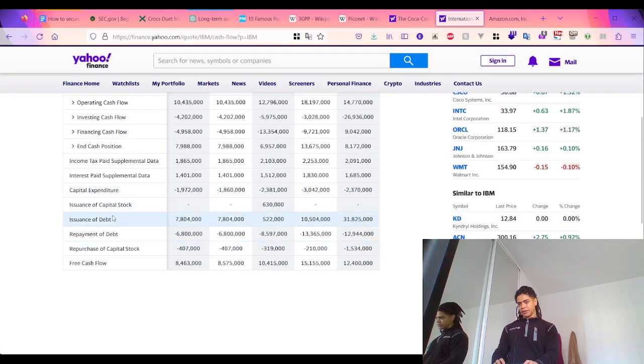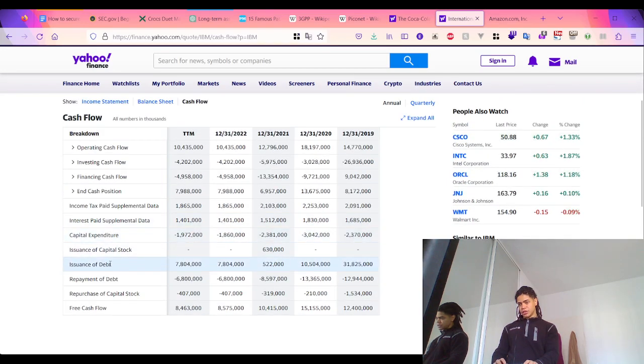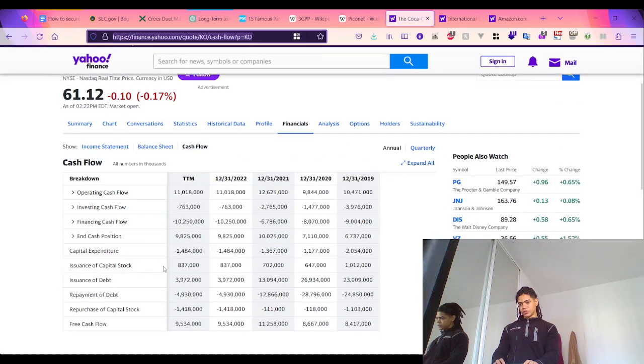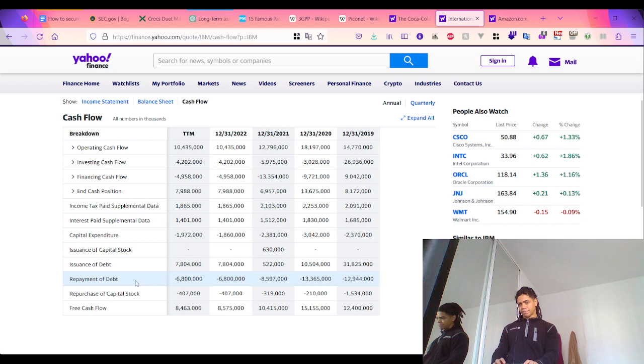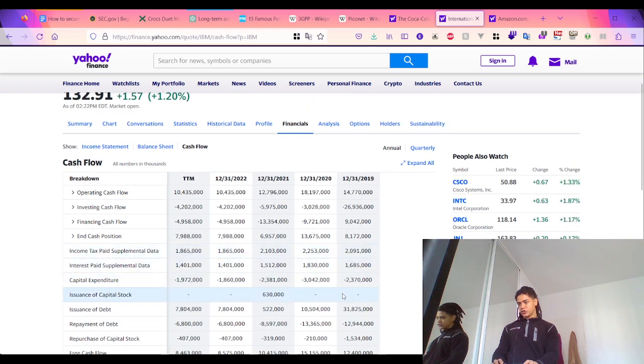So when you look at the issuing of debt, repayment of debt, and issuing of capital stock, they actually don't issue that, or they're not registered.